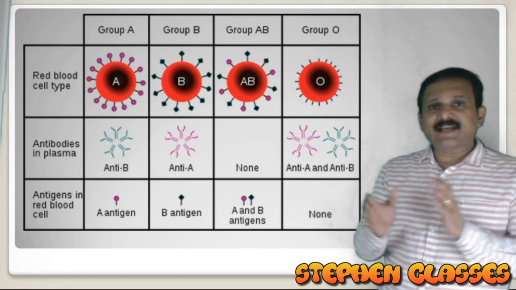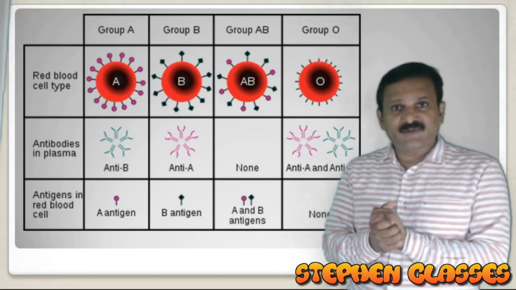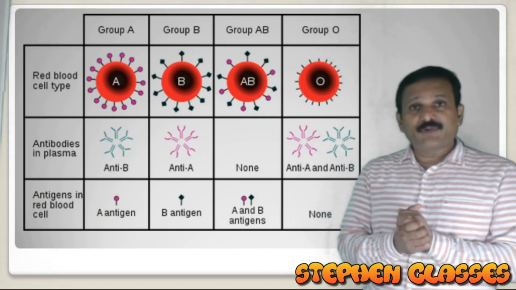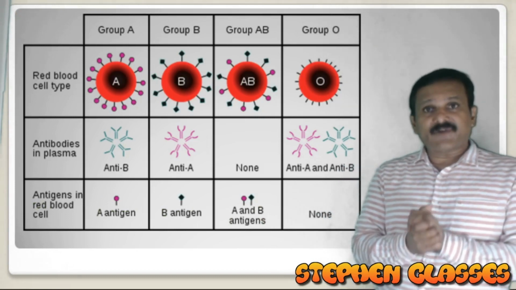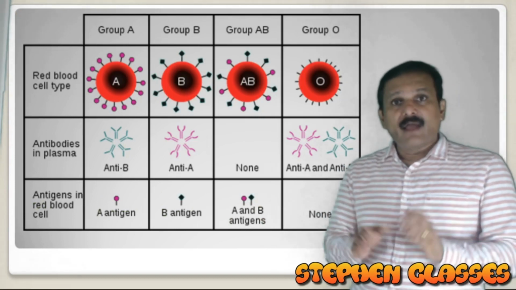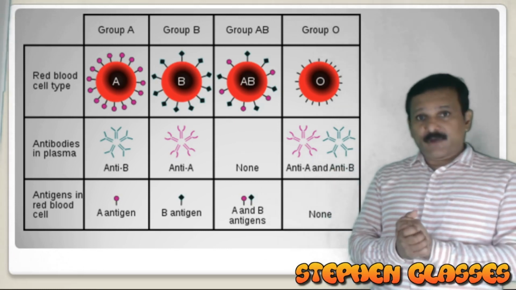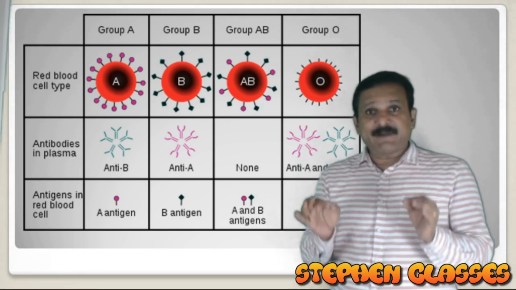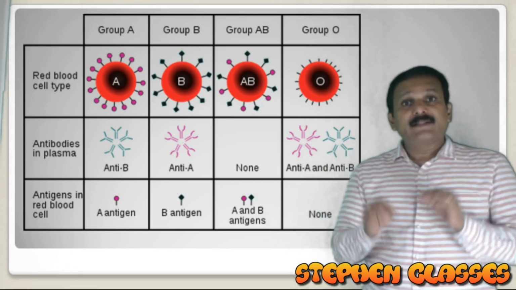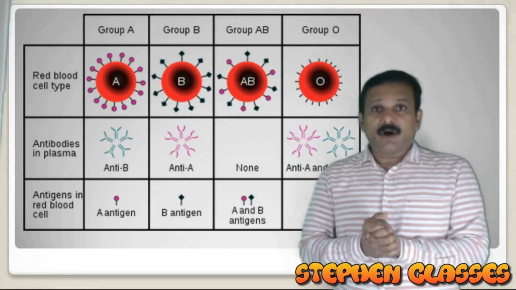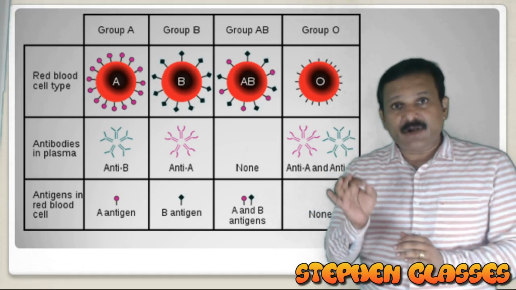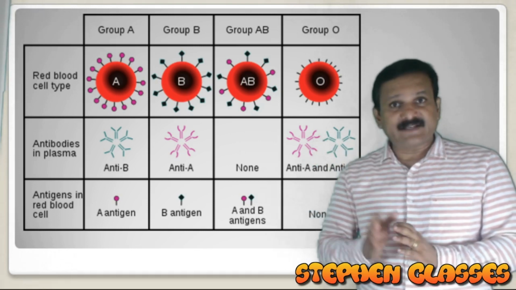So this question is about the different blood groups. In the case of human beings, we have an ABO system of blood grouping. This ABO system is based on the presence of surface antigens that are present on the surface of RBCs.